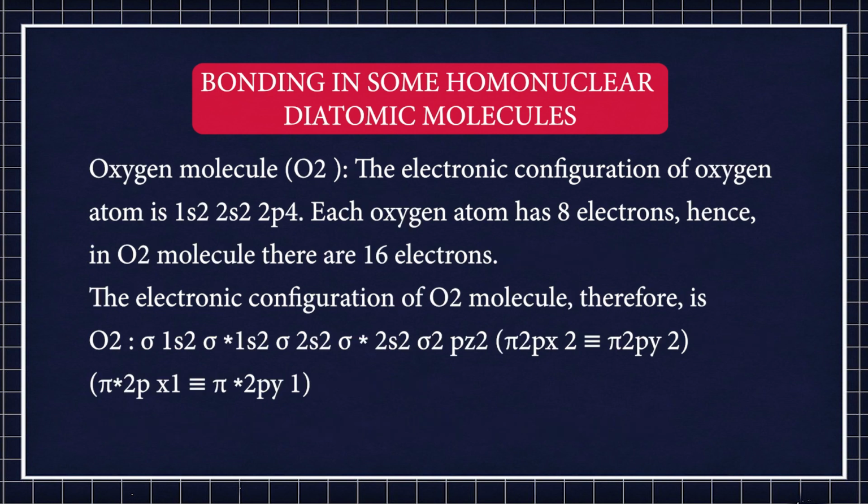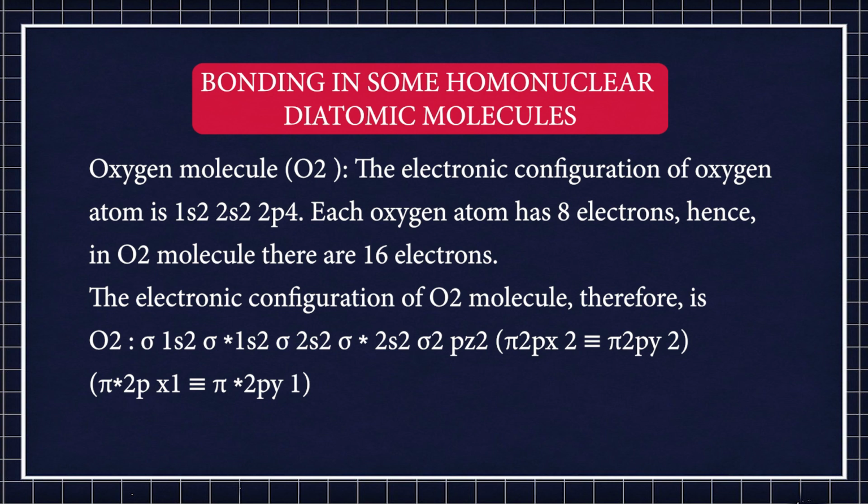Now, another example is the oxygen molecule. The electronic configuration of an oxygen atom is 1s², 2s², 2p⁴. Each oxygen atom has 8 electrons. Hence, in the O2 molecule, there are 16 electrons.